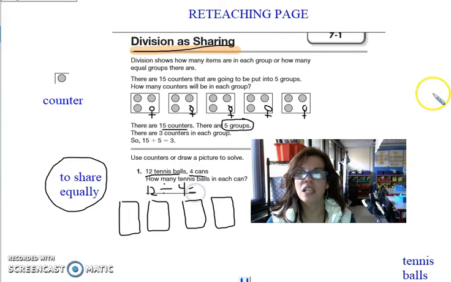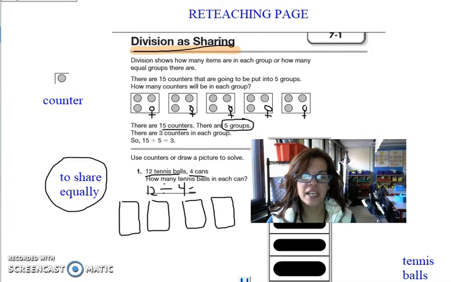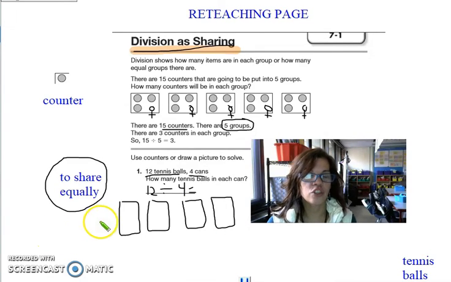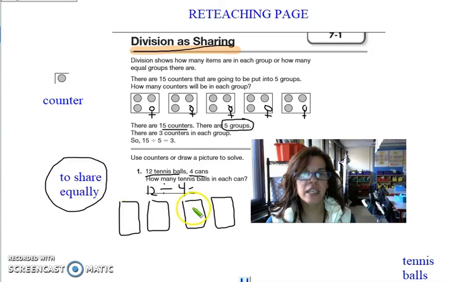Now we're going to actually solve it. Watch me as I do the counting out sharing strategy. What I'm going to do is I'm going to hold 12 in my head, and that's the number I'm going to stop counting at. So I'm going to keep going and counting and putting 1 in each group until we stop at what number? 12. Here we go. 1, 2, 3, 4, 5, 6, 7, 8, 9, 10, 11, 12.